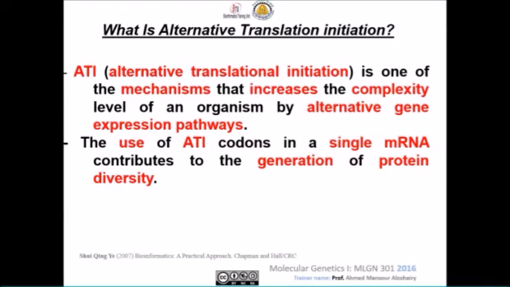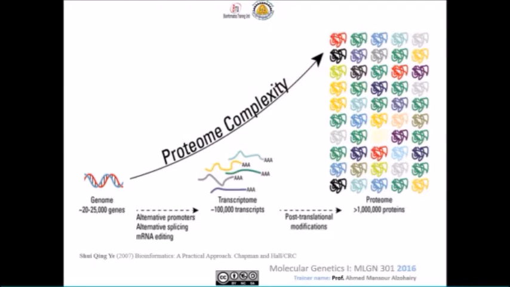We have studied other mechanisms before, but alternative translational initiation also contributes to protein diversity. That's why we could have one gene and one messenger RNA, and this one messenger RNA can produce different proteins because of the alternative translational initiation.